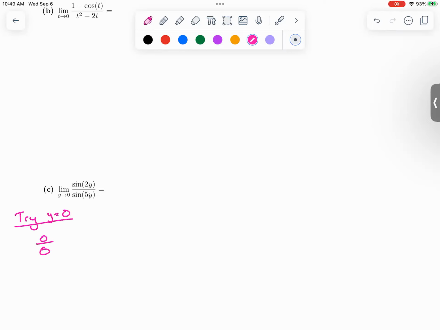So the problem, though, is it looks like a special limit, but it doesn't have the y's that we want. So one thought would be, let's multiply by 1 over y over 1 over y.